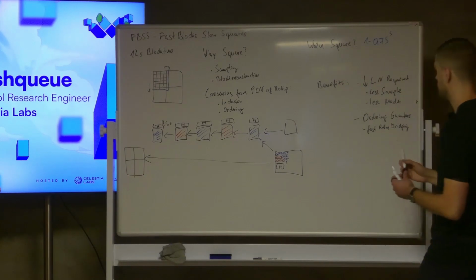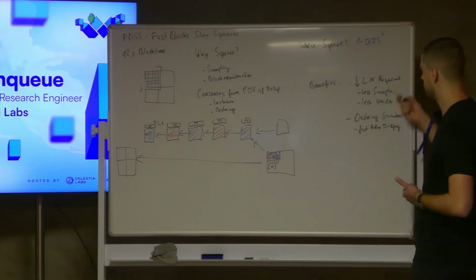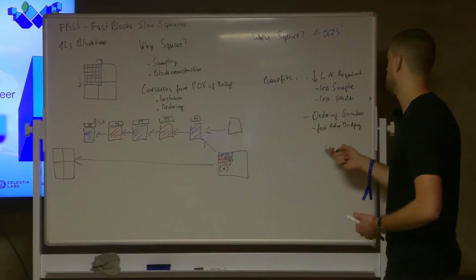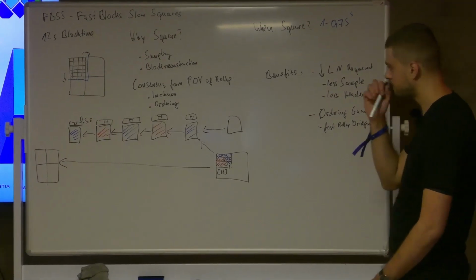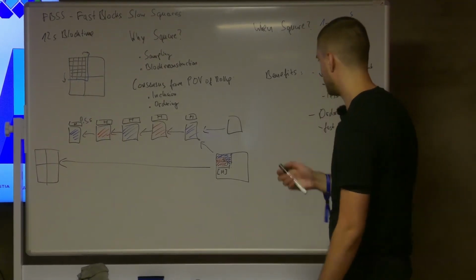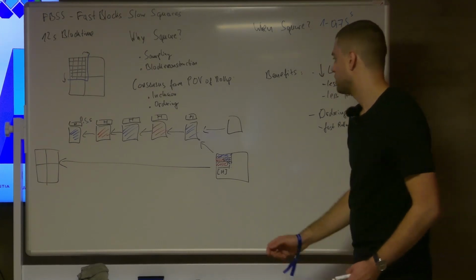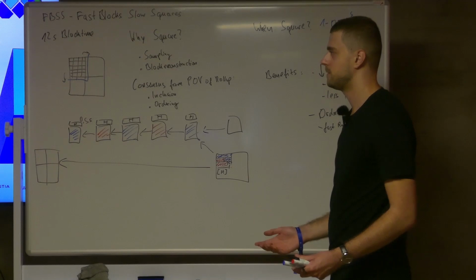Yeah, so you get fewer light node requirements, fewer samples, headers, and ordering guarantees, basically for fast rollup bridging. And the whole construction was made with fraud proofs in mind.